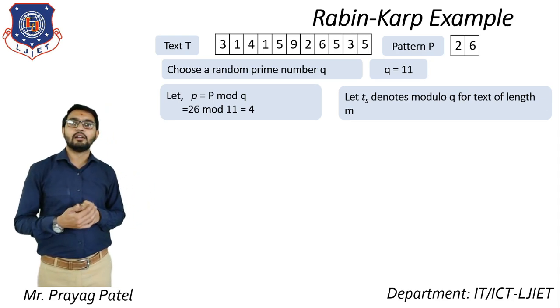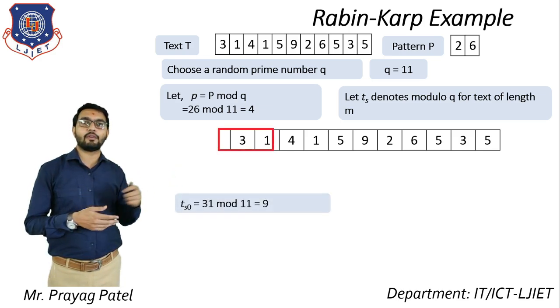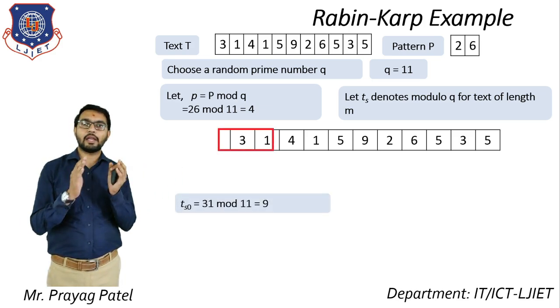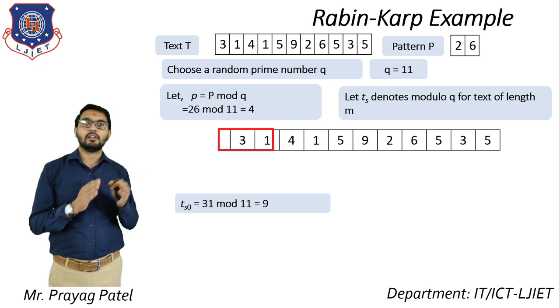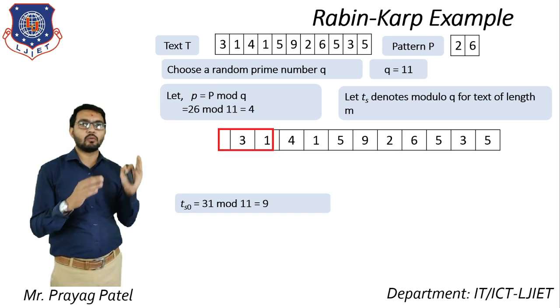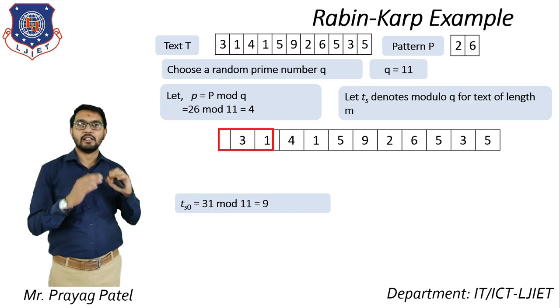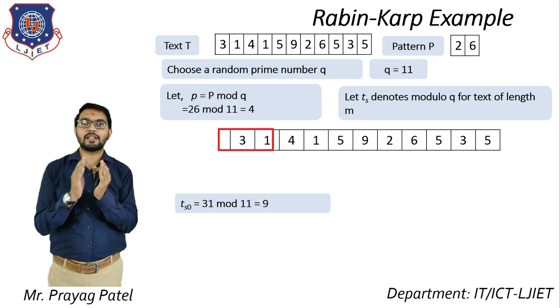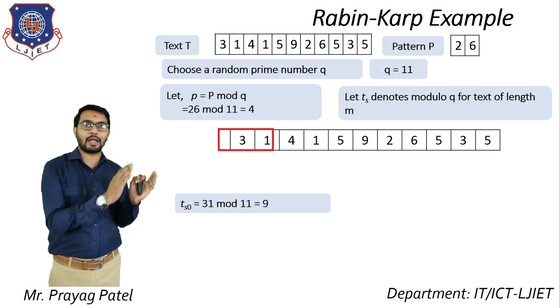So here the given text is 314159 and so on. For the text, consider the length as 2 digits, because the given pattern is 26 and its length is a 2 digit number. So consider 2 digits for your text.